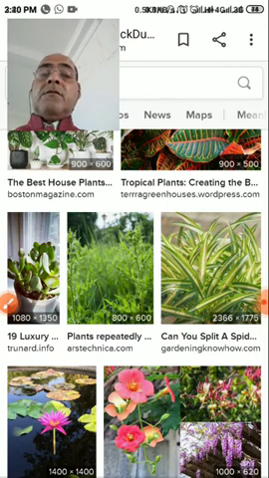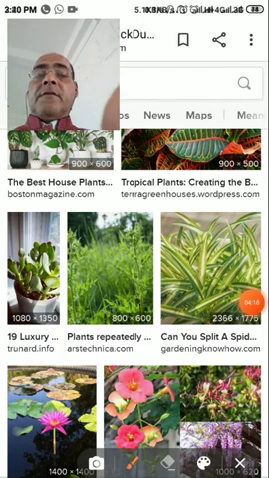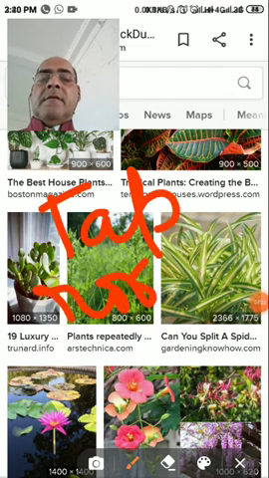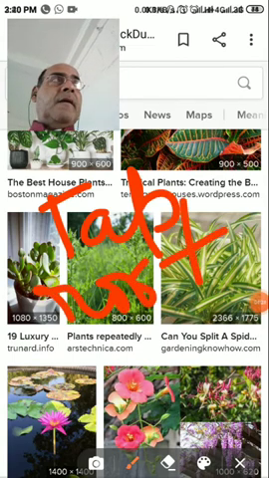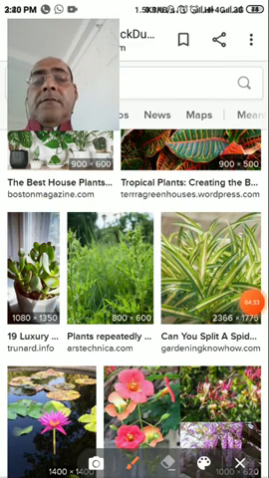My dear students, roots are of two types. One is tap root, like carrot and radish. That is the single root that is penetrating into the earth. And fibrous root.